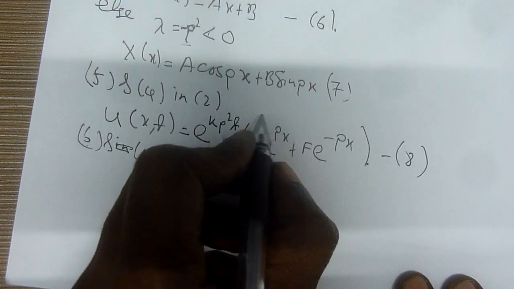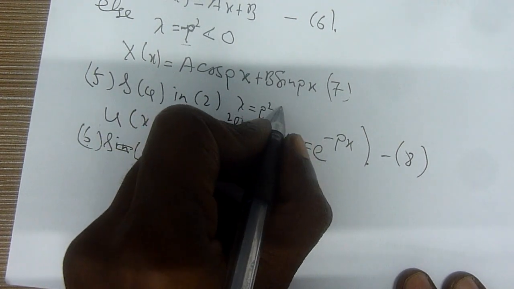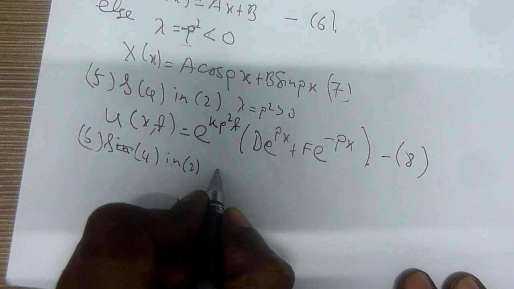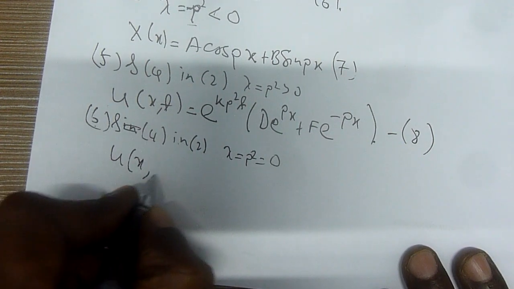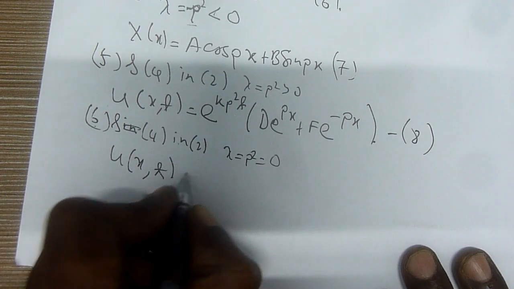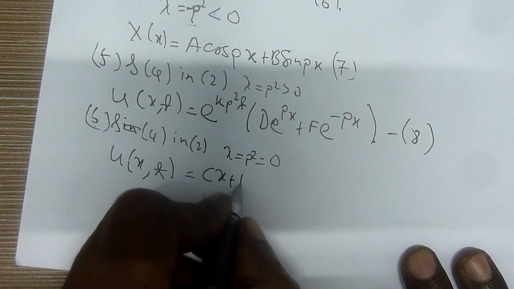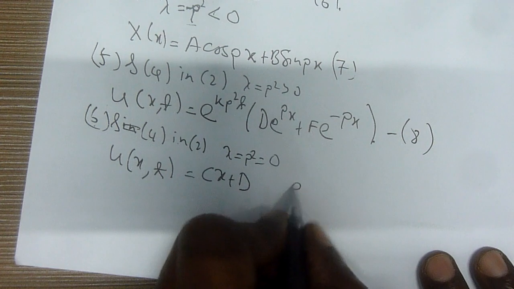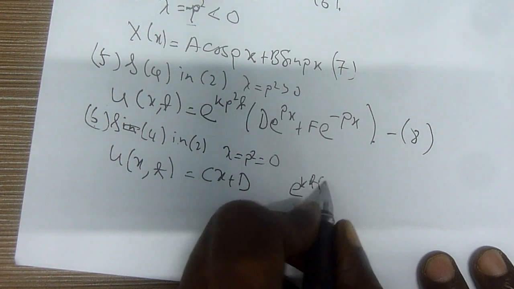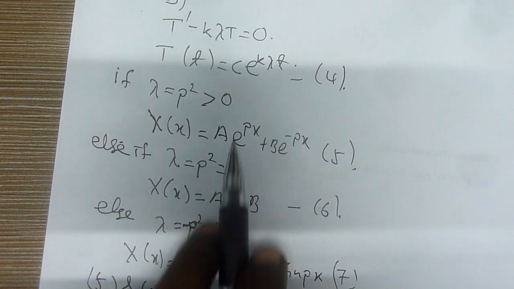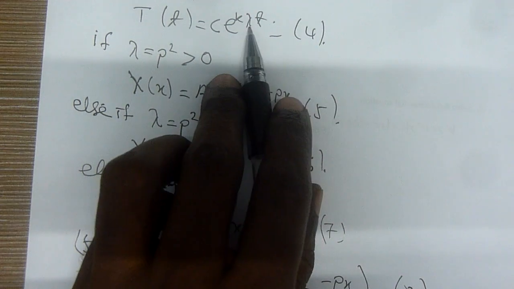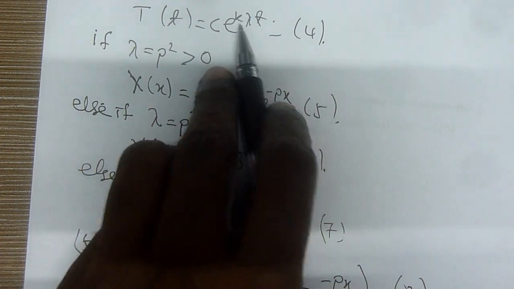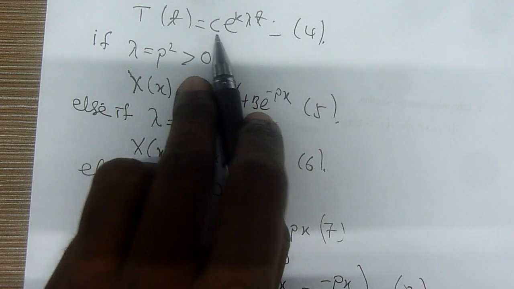For lambda equals p squared greater than 0, this is the combination. For lambda equals p squared equals 0, you get u(x,t) equals cx plus d. Why? Because e^(kt) becomes 1, since lambda is 0, so the whole thing becomes 1 and you get only this.